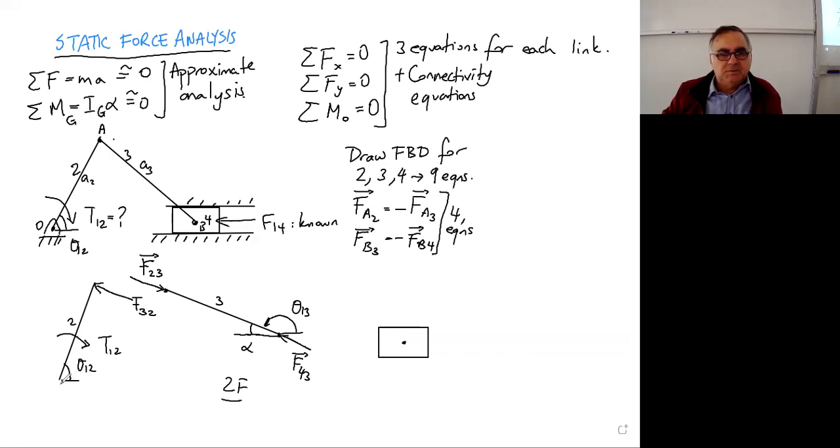Well, there is a force here. There has to be a force here as well. But this force has to be opposing F23, right? It has to be something like this. Supposedly this has to be parallel to F23. So this is G12. As we know, G12 and F23 have to be equal in magnitude, opposite in direction.